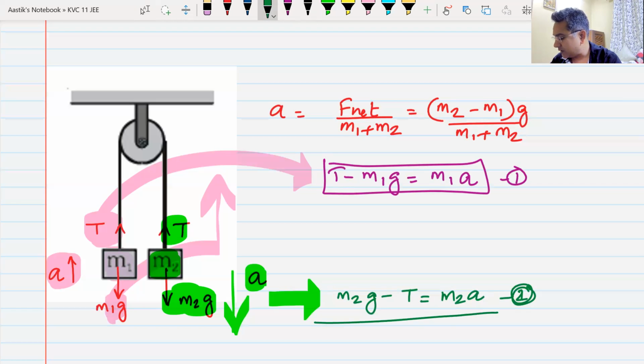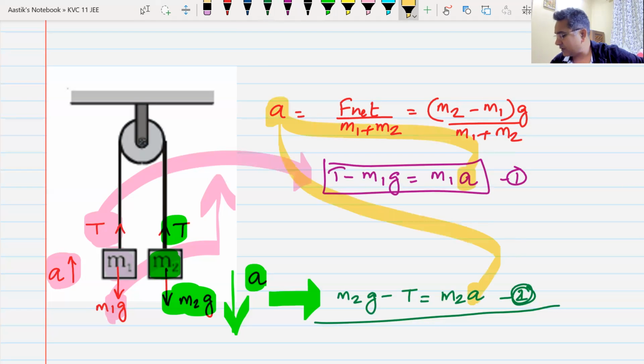If you add both of the equations, you will get the value of A, which is M2G minus M1G, or (M2 minus M1)G, divided by M1 plus M2. Do we understand this? Once you get the value of A, you can put it in either equation and you will get the value of T. Can anyone tell me what is the value of T?